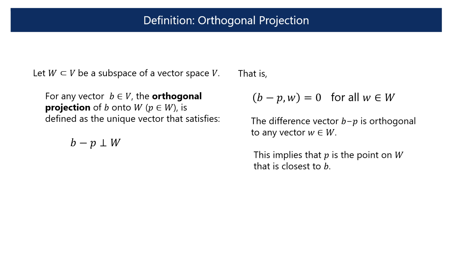Here, the inner product refers to the dot product of vectors. This equation means that the difference vector b minus P is orthogonal to any vector w in W. It implies that P is the point on W that is closest to b.